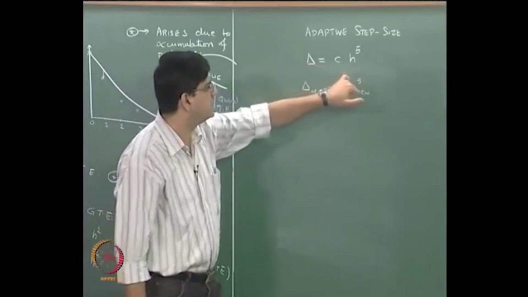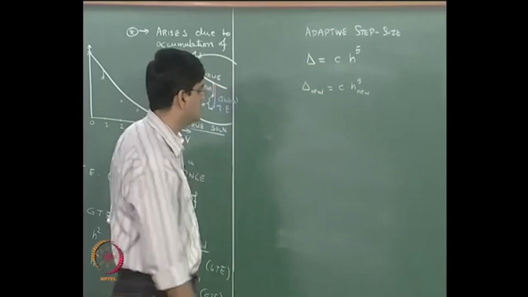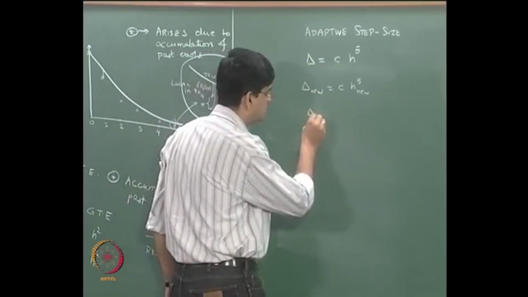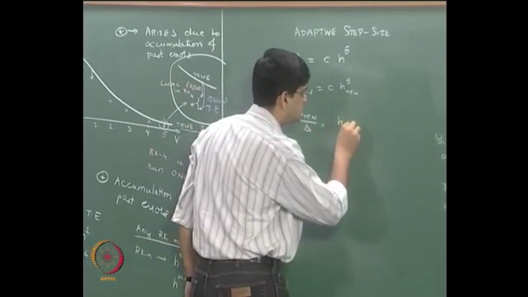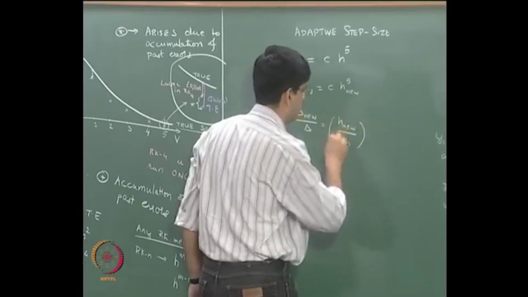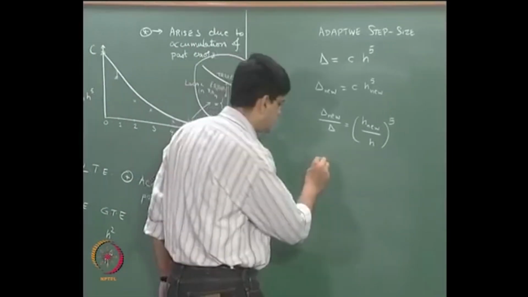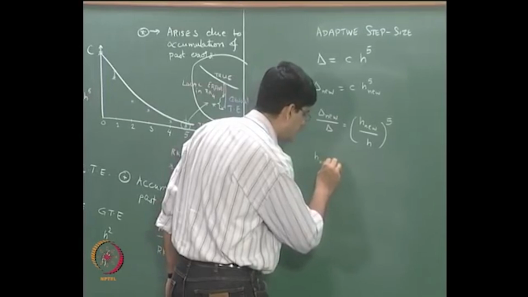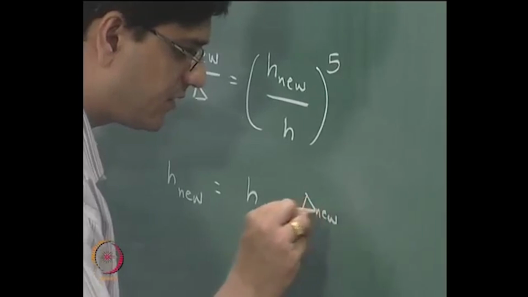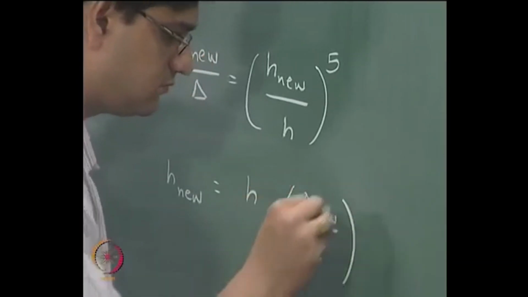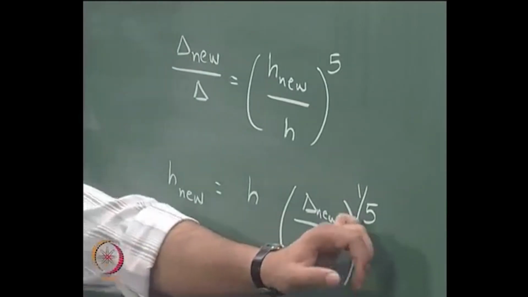Okay, now we can divide this equation by this equation, and what we are going to get is delta nu divided by delta is h nu divided by h to the power 5. And we can just rearrange this and write h nu equal to h multiplied by delta nu divided by delta to the power 1 by 5.